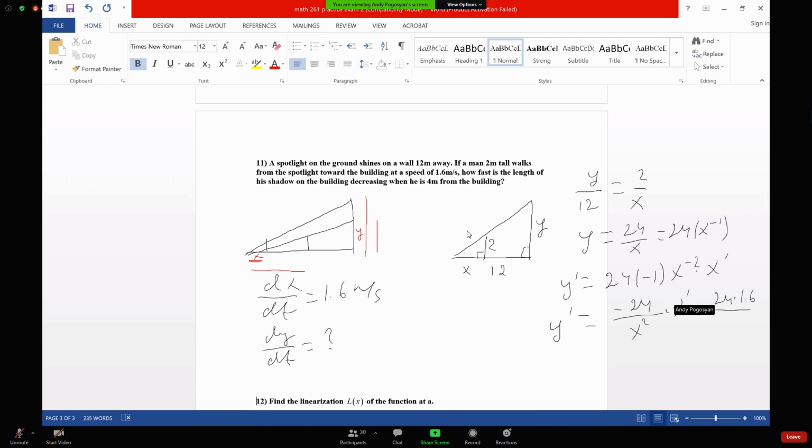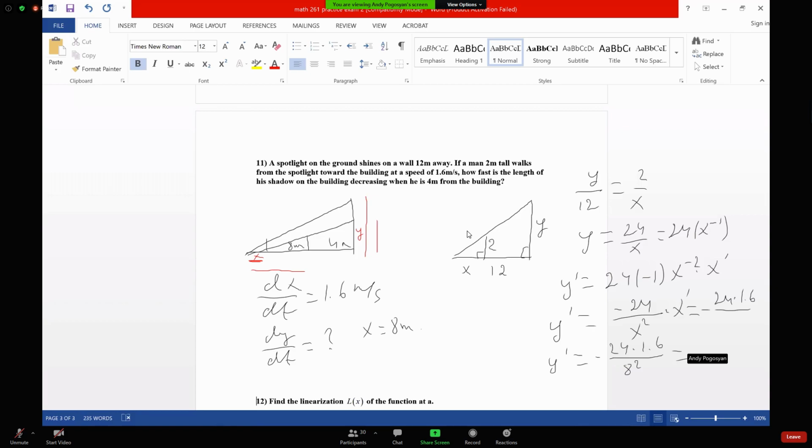When he is 4 meters from the building, that means your x is 8 meters because the total is 12. So I need to use 8 meters for x. So y prime equals negative 24 times 1.6 over 8 squared.